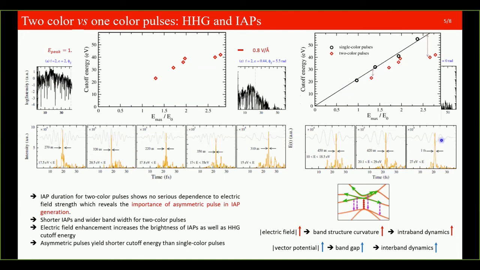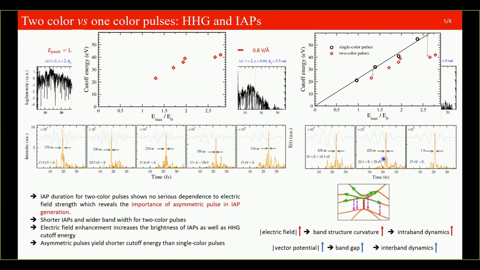As you saw in the previous slide, no isolated attosecond pulse was extracted from our fundamental pulse, but as you can see here, by increasing the pulse intensity, now we can extract some isolated attosecond pulses.